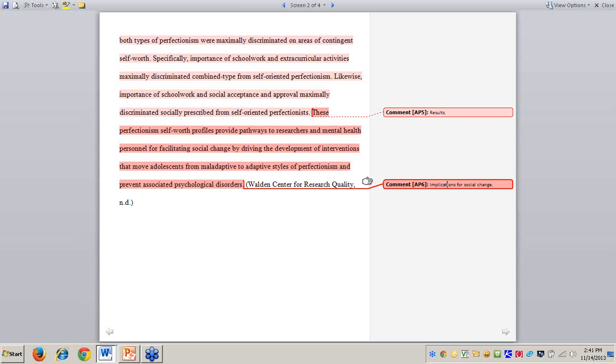Right away I know who will benefit from these findings for facilitating social change by driving the development of interventions. So I know exactly what they're actually going to do with those findings, or what they could do. They could use these findings to drive the development of interventions.